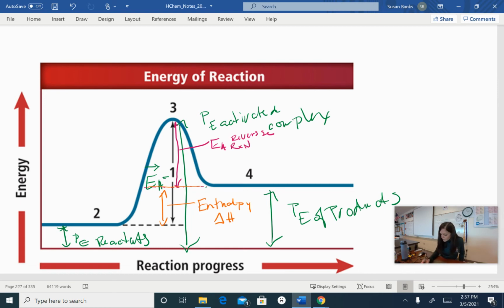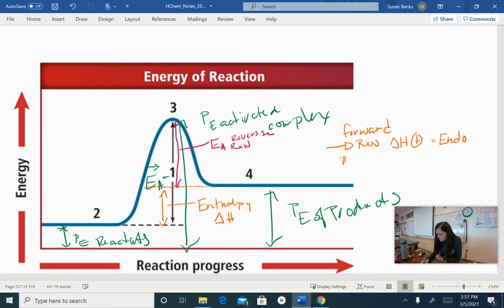So forward, if I looked at my forward reaction, is this endo or exothermic? Am I putting energy in or am I taking energy out? I have to put energy in, right? So my delta H is positive. That means I have an endothermic reaction.